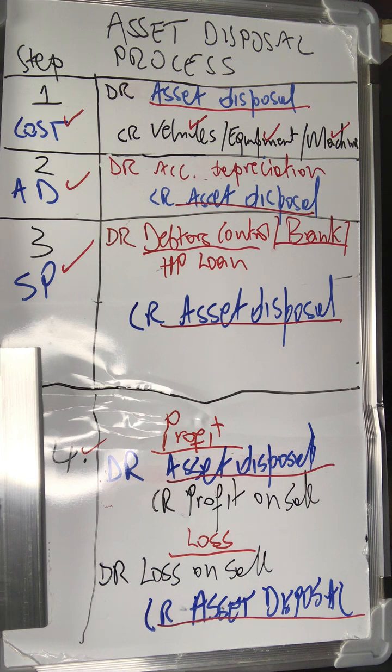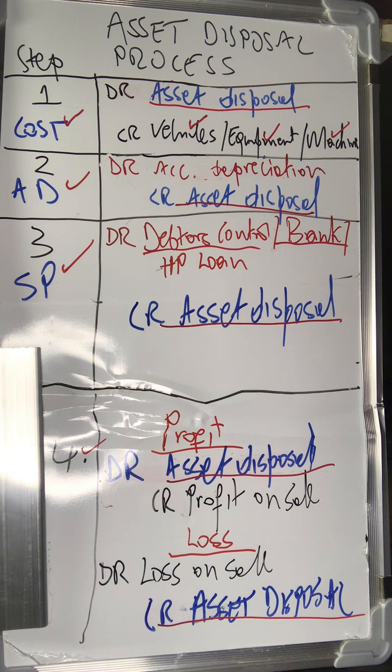And then if you made a profit there, then you are going to say what? If you made a profit, you are going to debit our normal contra account, which is asset disposal. Then you're going to credit profit on sale. Why are you crediting profit on sale? Profit on sale is an income.